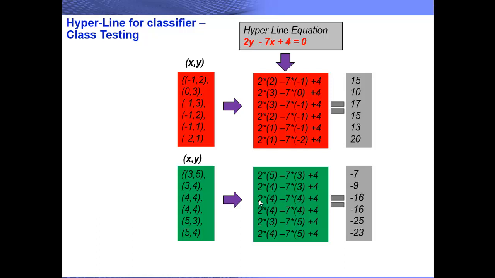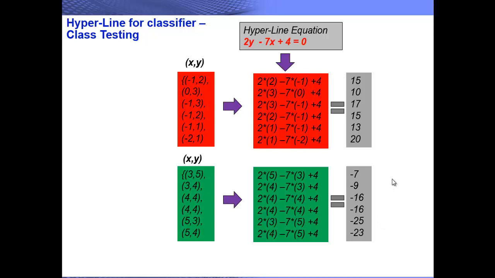Now 2 into 4 is 8, 8 plus 4 is 12, 12 minus 28 is -16. Similarly you can solve for the others and you will get -16, -25 and -23.